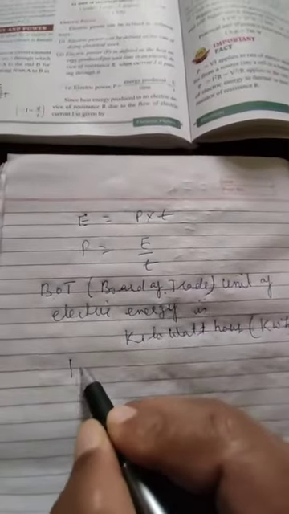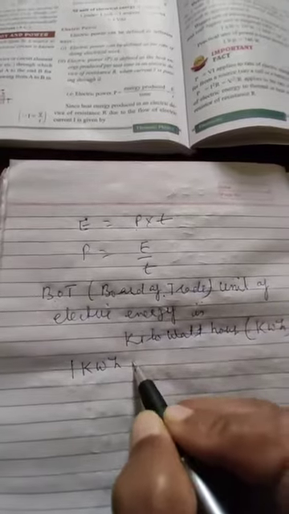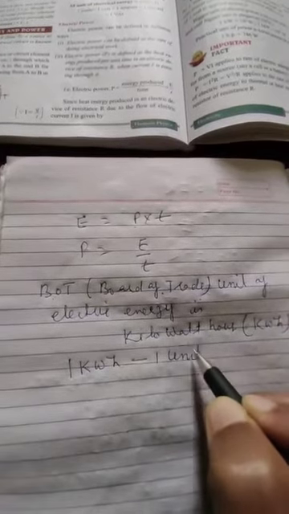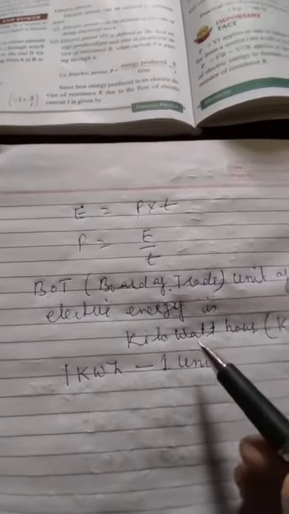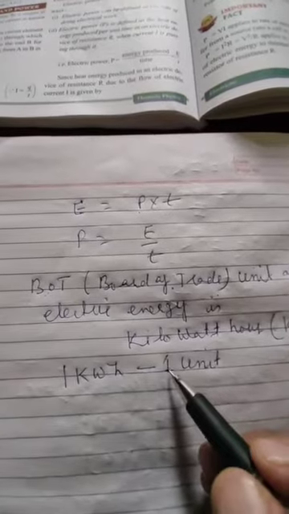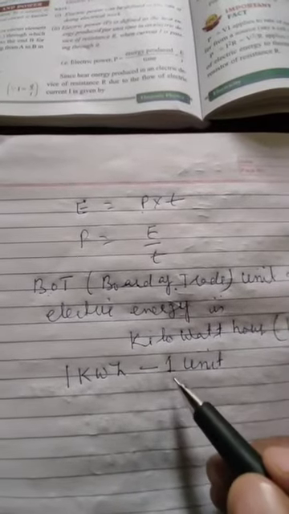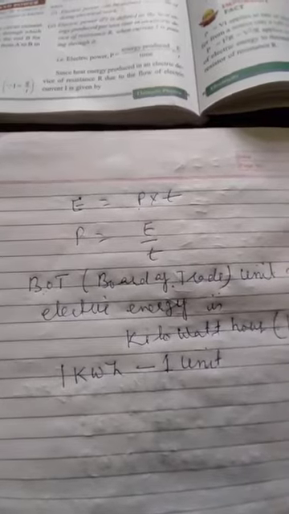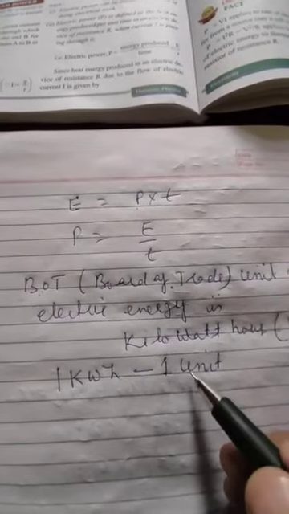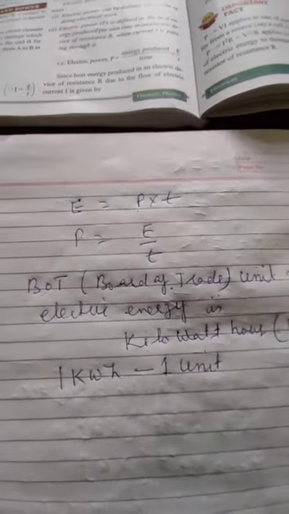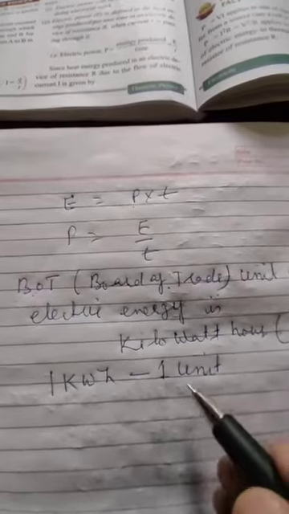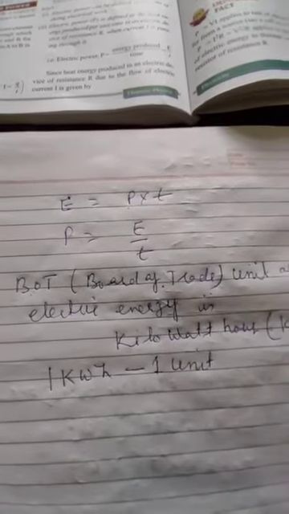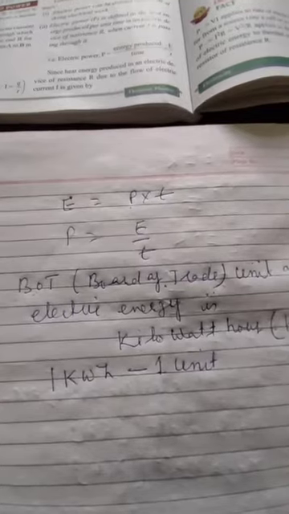Clear? 1 kilowatt hour means 1 unit. We are getting the electricity bill in our homes, right? And before sending the bill, the employee of the electricity board comes to our village or city. Then he checks the kilowatt hour meter.